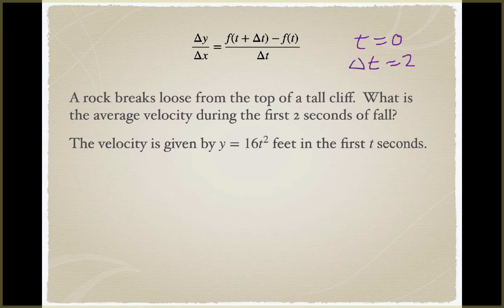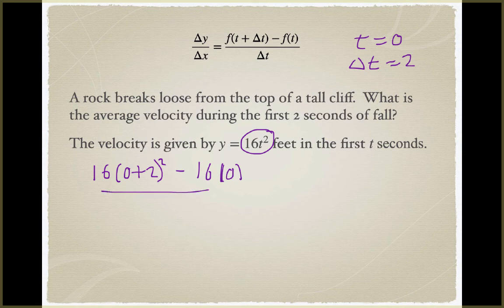So we take this function and put in 0 plus 2 for t: 16 times (0 plus 2) squared, minus 16 times our initial time, which is 0, all over our change in time, which is 2.